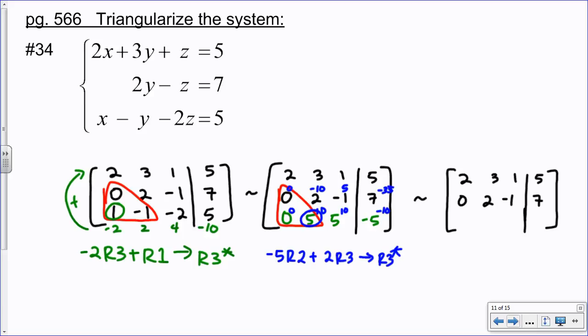Okay, so add. So 0, 0, 5 plus 10 is 15. Negative 35 plus negative 10 is negative 45. Okay, back substitute. You've got your triangle.